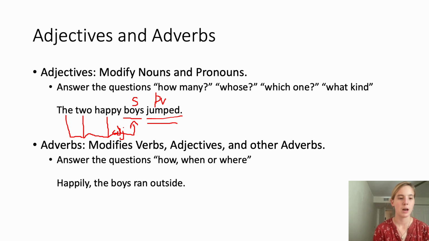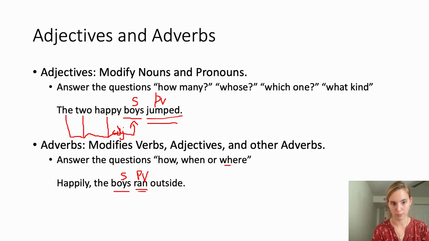move on. Adverbs modify verbs, adjectives, and other adverbs, and they answer the questions how, when, or where. So looking at the sentence, happily the boys ran outside. The subject of the sentence, once again, is boys. That's my subject. What did they do? They ran. Double underline, PV for predicate verb. Where did they run?